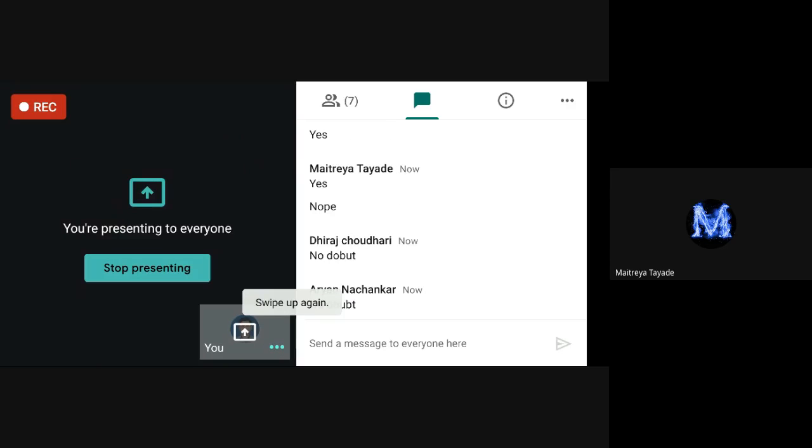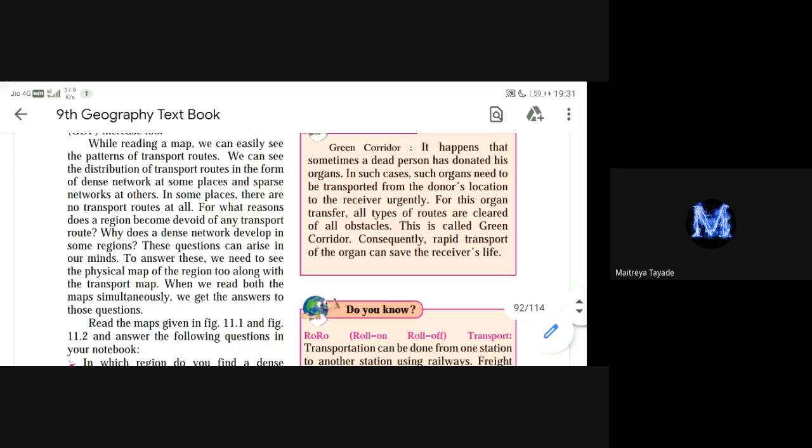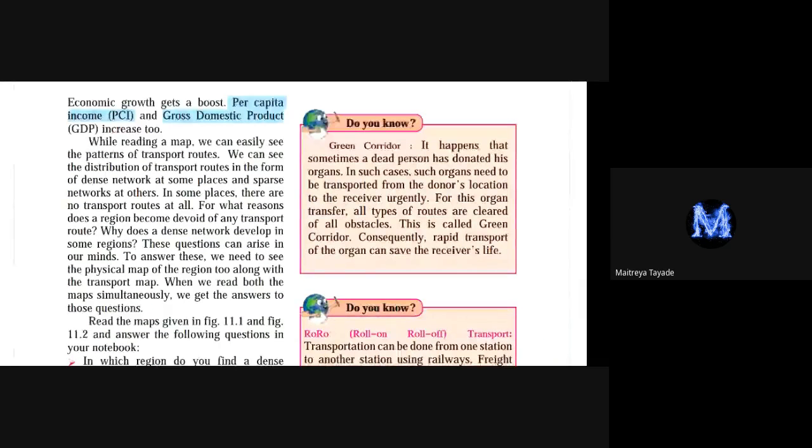While reading a map, we can easily see the patterns of transport routes. We can see the distribution of transport routes in the form of a dense network at some places and a sparse network at others. Friends, we have generally seen the map of railway lines in India, maps of different roads in India.